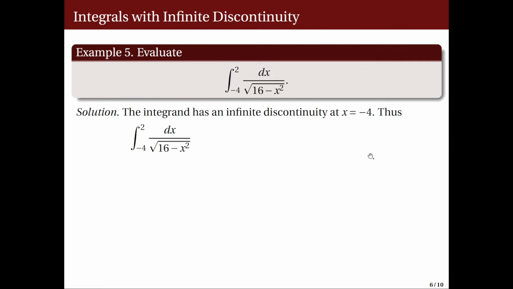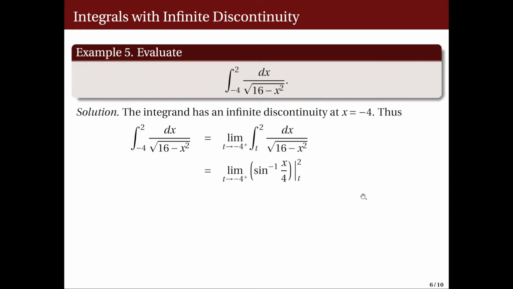And by definition, we write this in the following form. So we replace this -4 here by the variable t, and then we get the limit as t approaches -4 from the right. Now this integral can be evaluated using the fundamental theorem of calculus. So find an antiderivative and evaluate from t to 2.